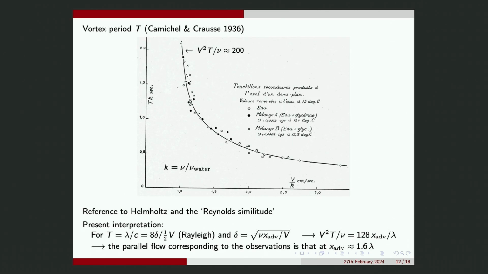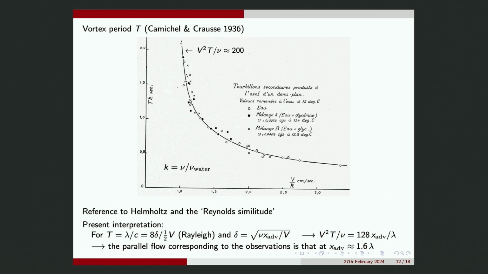Camichel and Cross measured the period of these waves as a function of the velocity for 3 fluids with different viscosity, and they plot the results here. So at the time, the way of plotting dimensionless things was to simply plot here the velocity divided by K, which is the ratio of the viscosities of the fluid and a reference viscosity, which is here that of water.